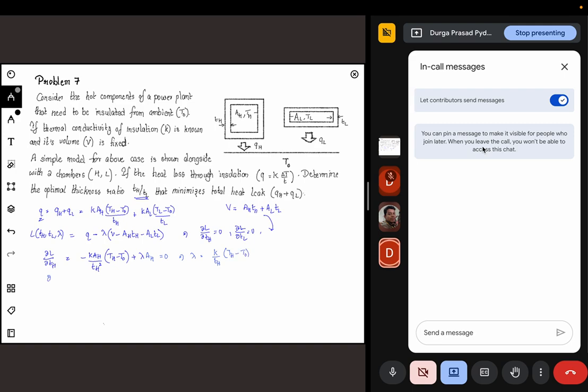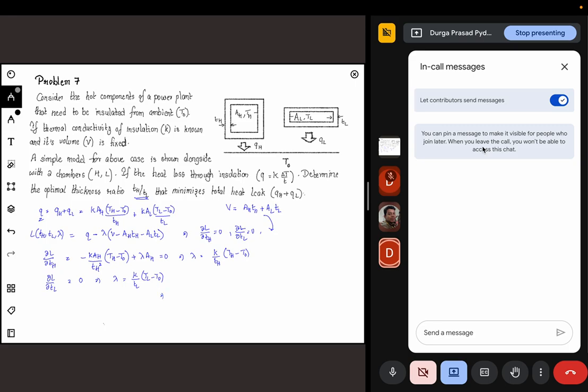If I do the same for the other thickness, that will also give me another equation, which is lambda is k by, it's just that H will be replaced with L. I don't think that is difficult. Since both are equal to lambda, both have to be equal to each other.